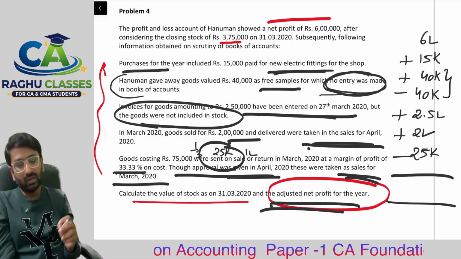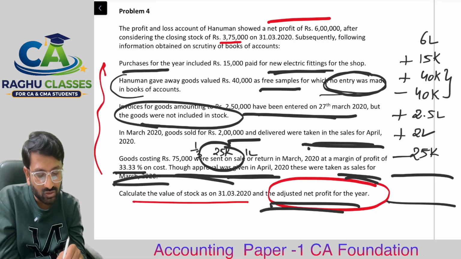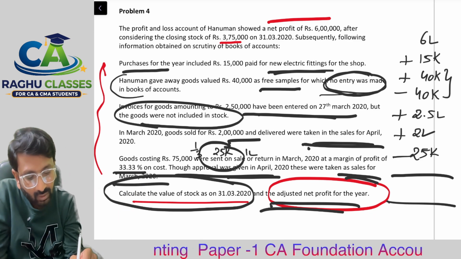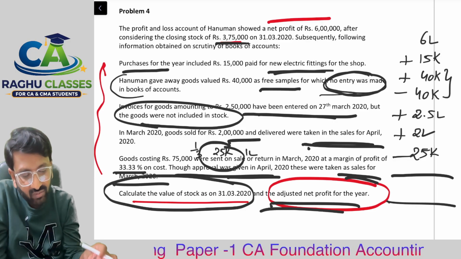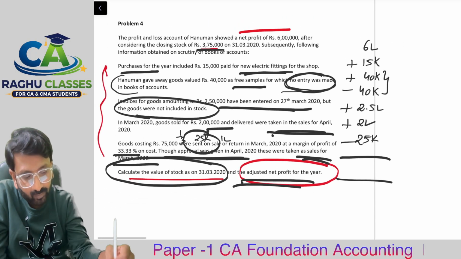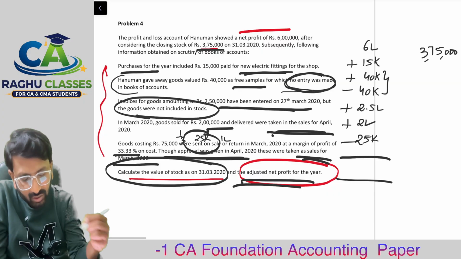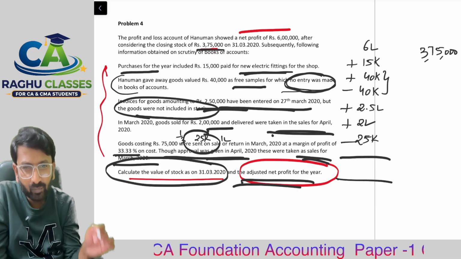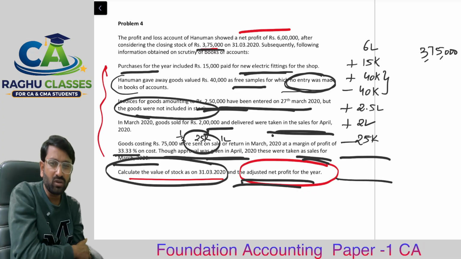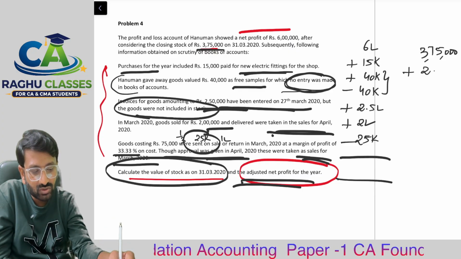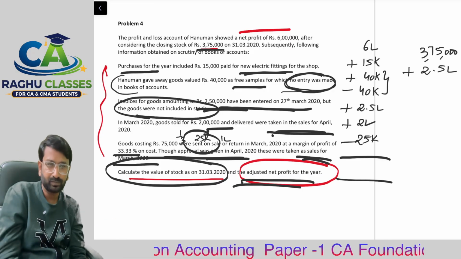Okay. Coming to the second part of the question, they're also asking you the value of stock. If you look at the question, how much closing stock they have considered? 3,75,000. And if you see here, we made a purchase of 2.5 lakh, but it is not included in the closing stock. So unrecorded closing stock, add that 2.5.